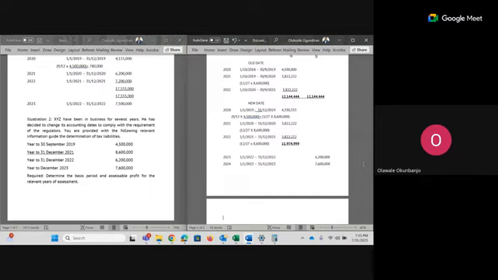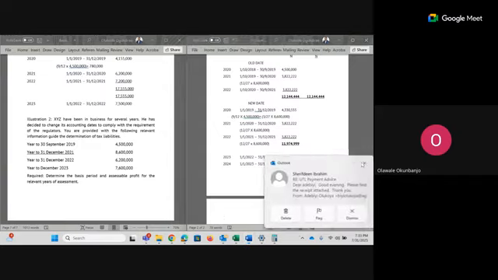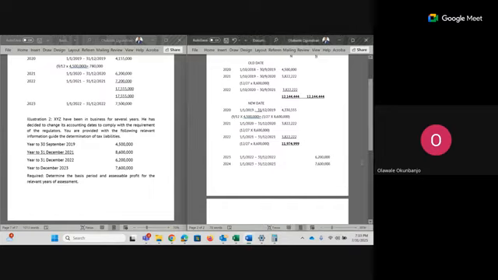So if that has been understood, it means that when you are approaching FIRS, the tax authority, to file your returns, you are going to be filing two sets of returns. First, returns based on your old accounting date, which has been 30th September, on the preceding basis.